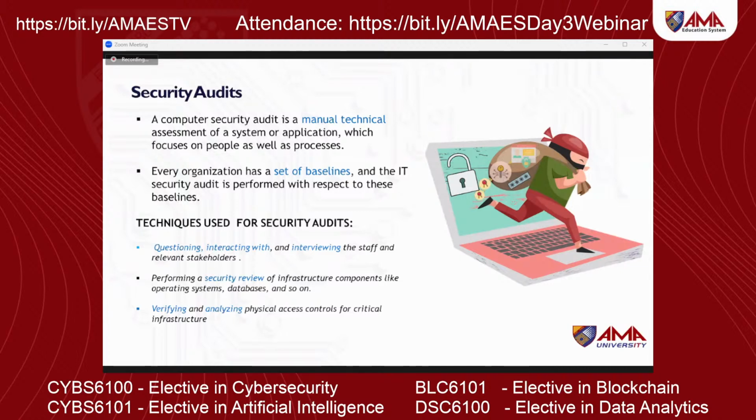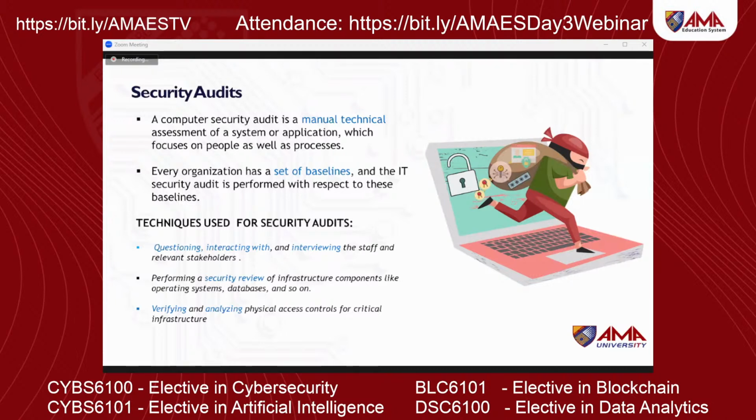So every organization, meron tinatawag na set of baselines or standards, and the IT security audit is performed with respect to this baseline. So dapat procedural ito at within the standard.